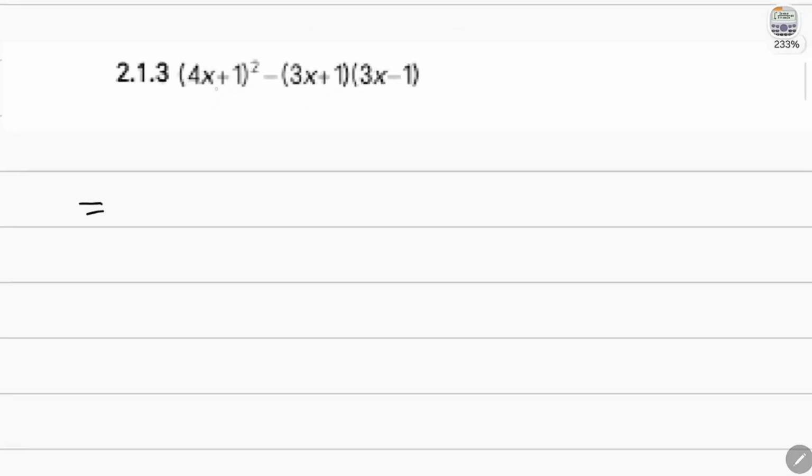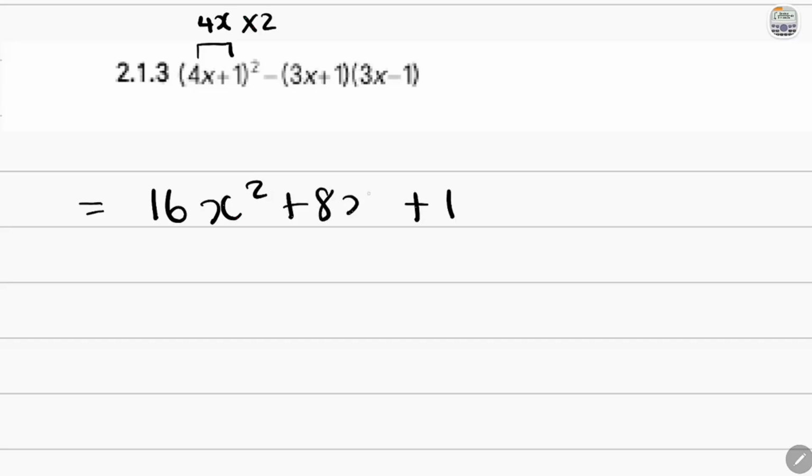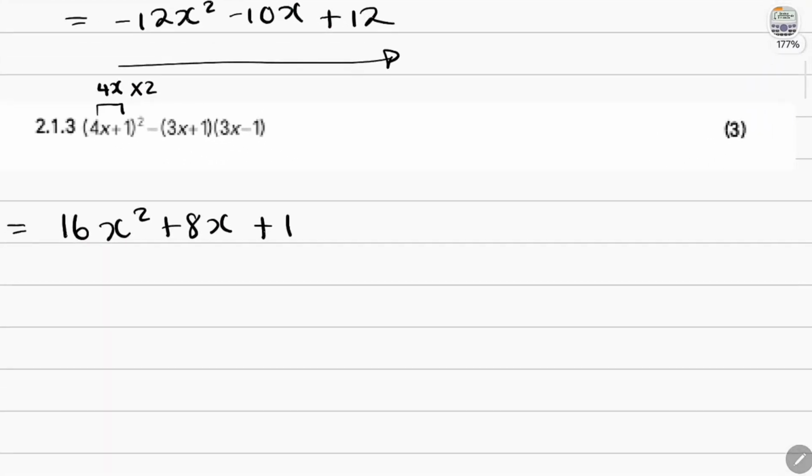So the quick method is you take this and you square the first term. So 4x all squared is 16x squared, and then take the last term and you square that, so it still gives you positive 1. Then say first term times second term, and that gives you 4x, and then you multiply this by 2, which gives us a positive 8x, and that's what we have that side.